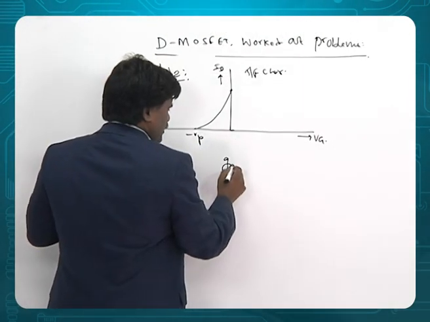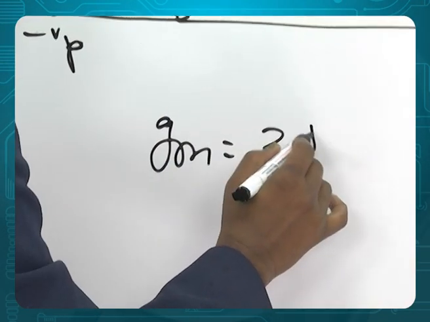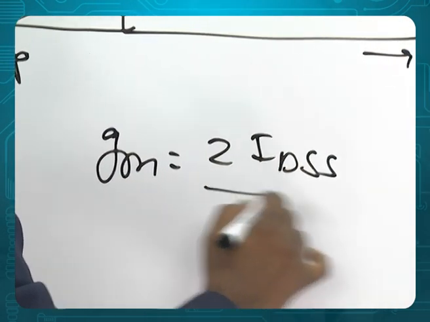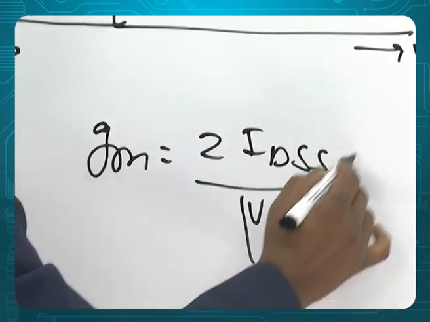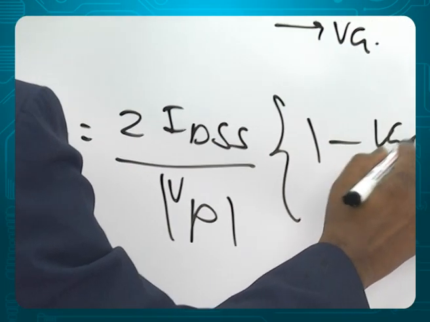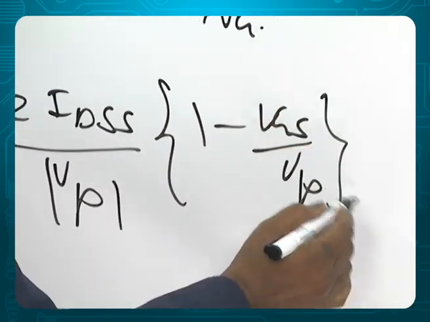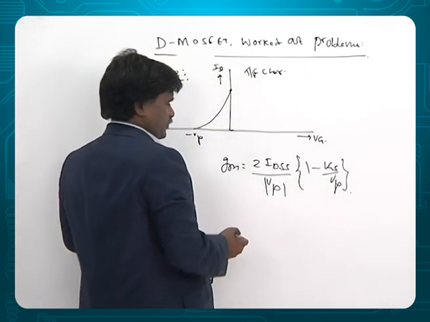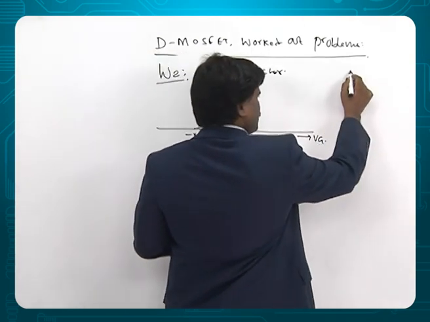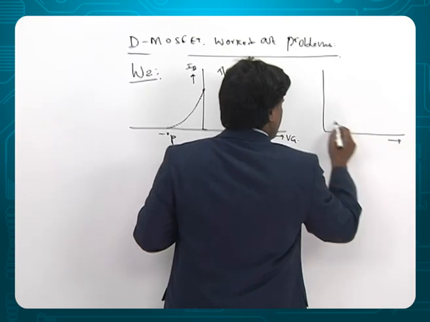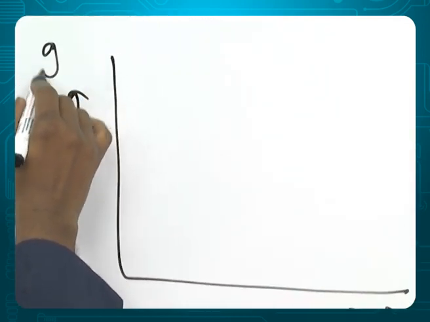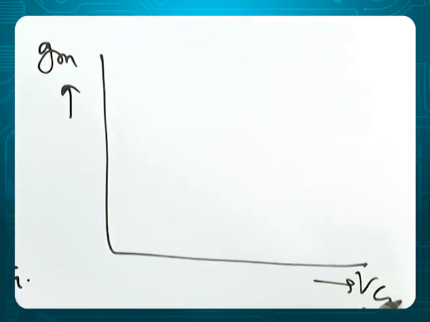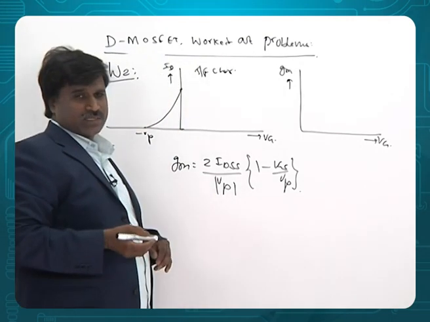But GM is equal to 2 times IDSS by VP, into 1 minus VGS by VP. If you draw GM versus VG, how does the characteristics come?